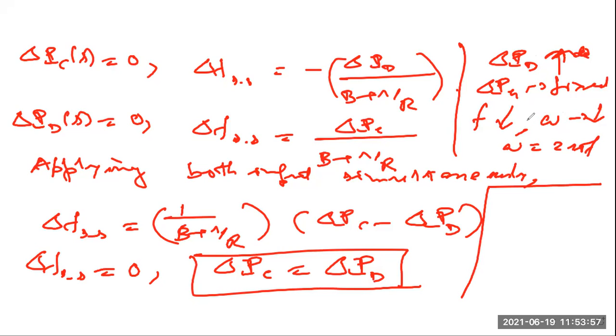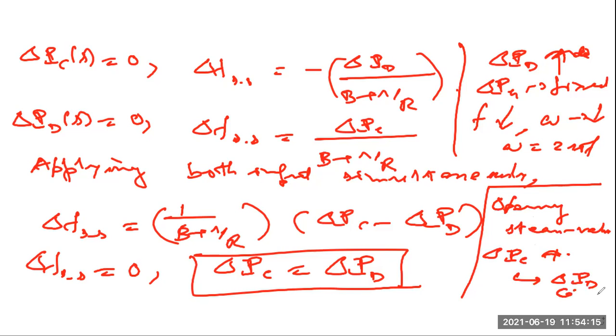So how can we increase the speed? By opening the steam valve. Opening the steam valve means this delta PC has to be increased. If you increase this delta PC, automatically the cause is your delta PD. This is your cause. So finally you need to open this. So if you open this, how much do you have to open?